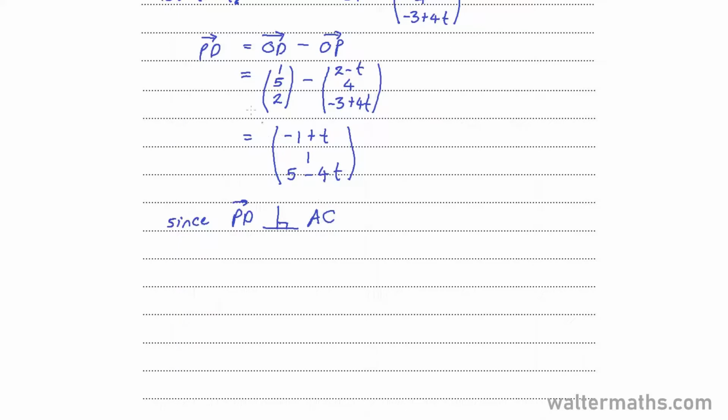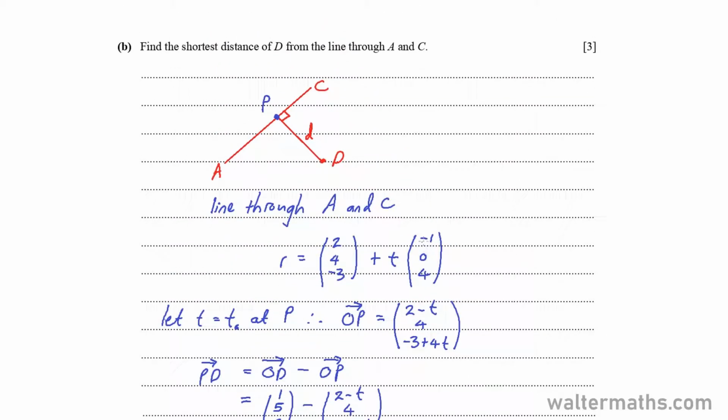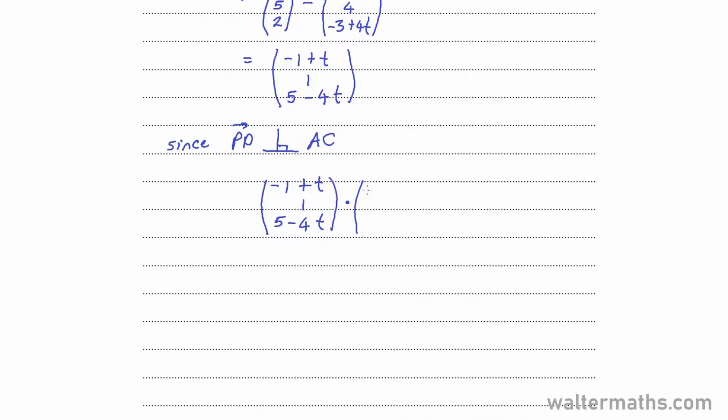So we're going to do the dot product of PD, which we got to be minus 1 plus t, 1 and 5 minus 4t, and its dot AC, the direction vector of AC, which is what we got right here to be minus 1, 0, 4. So we have minus 1, 0, 4 here. So this should give us 0.